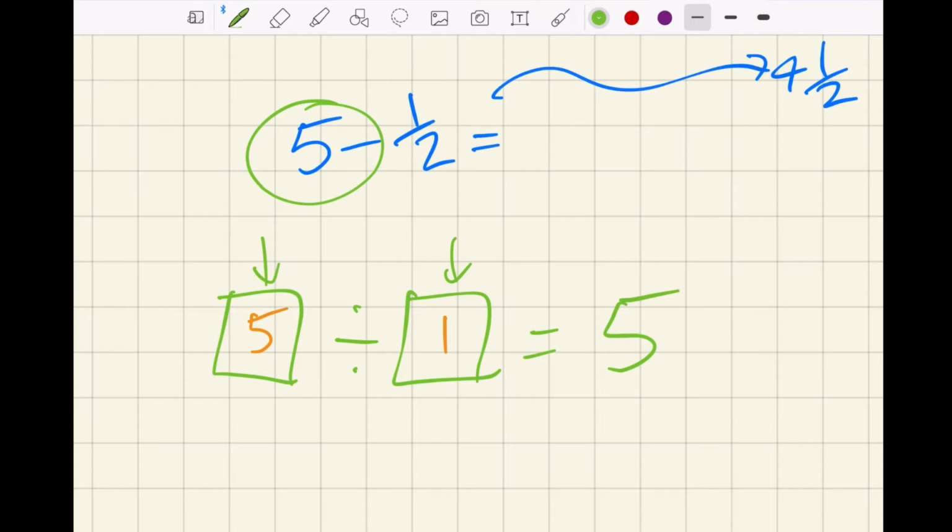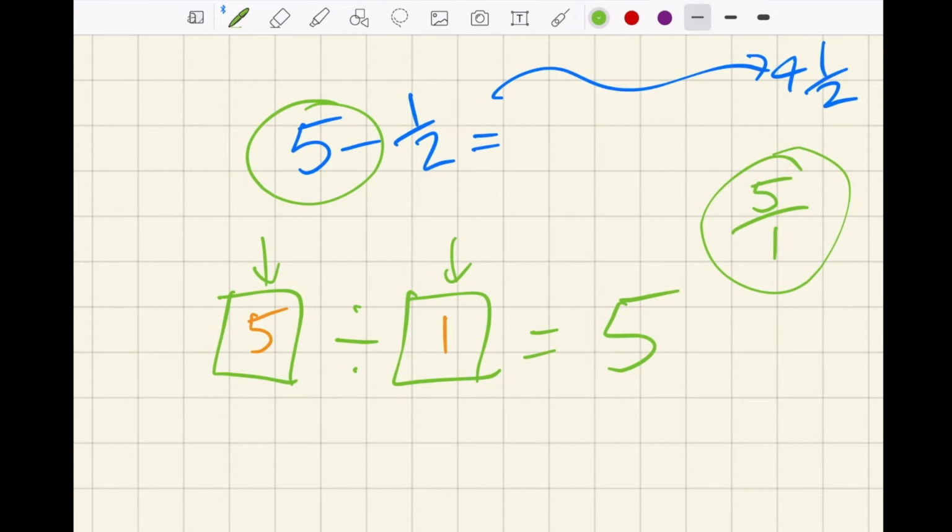And if I write that as a fraction, this is 5 over 1. And that is the key to doing these subtractions from a whole number. A whole number expressed as a fraction is itself over 1, because that's the easiest division you can do to create that same whole number.